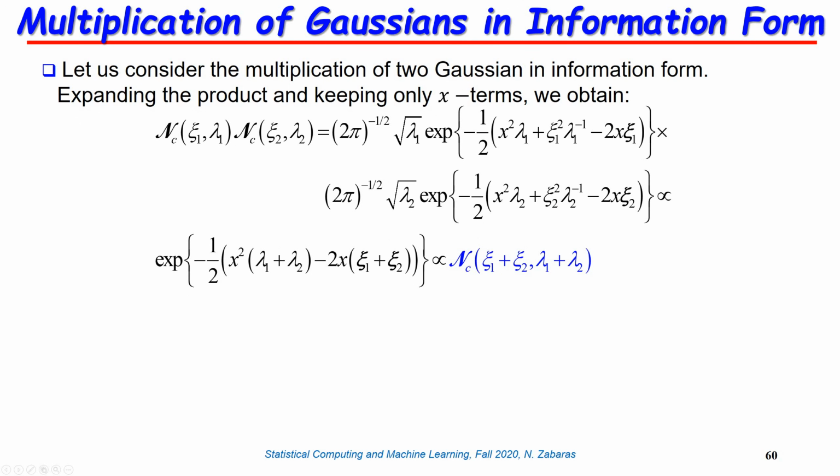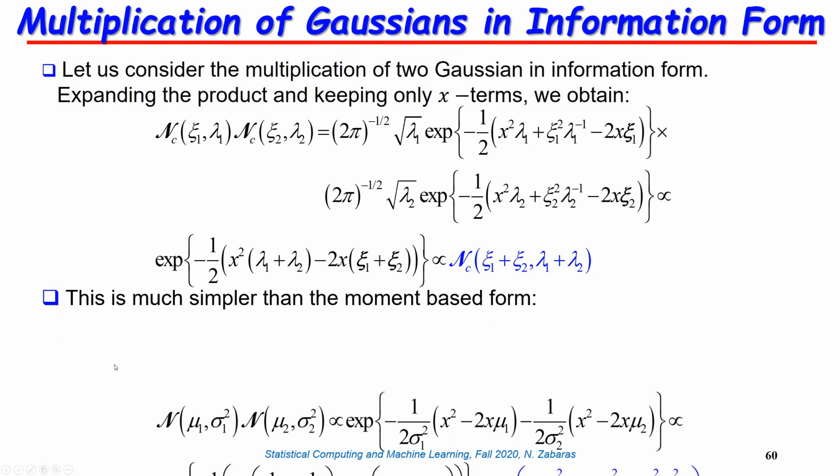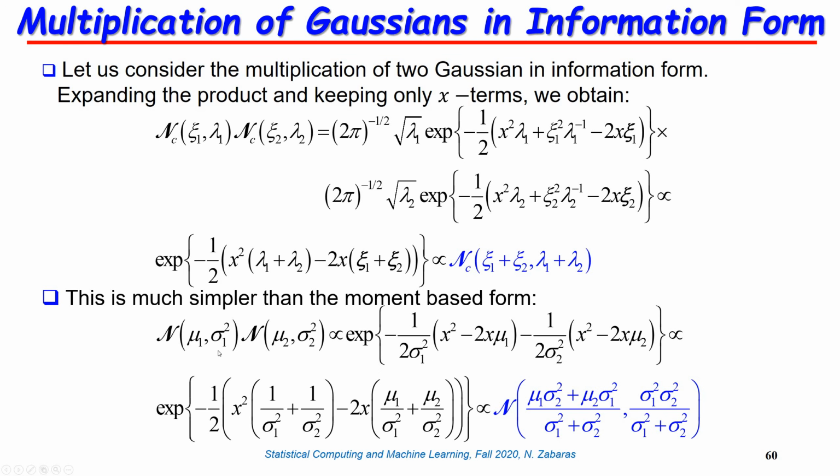But let me give you one example that I mentioned. If you take the product of two Gaussians in moment form, let me start with the equation on the bottom. If you multiply two Gaussians with means mu1 and mu2 and variances sigma1 squared and sigma2 squared respectively, you get a Gaussian that has this mean and this variance. Now, if you do this multiplication in canonical form, you get a wonderful result: the new precision of the product is the sum of the two precisions, and the xi parameter for this product is the sum of the xi's for the two Gaussians.